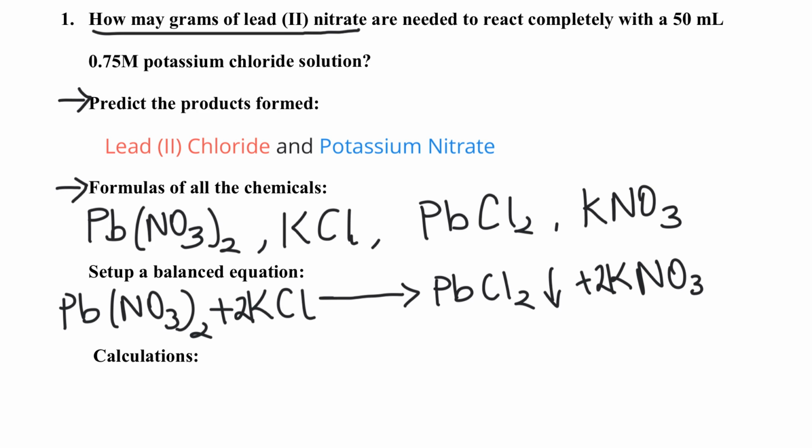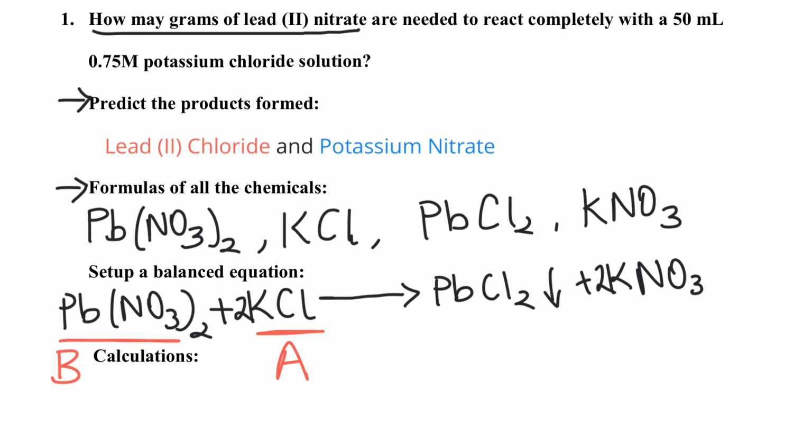What you're really trying to find is grams of B. So let's see how we are going to set up the problem first, and then we'll worry about the numbers. In this question, lead nitrate, which is this chemical right here, is your B chemical, and potassium chloride, which is this chemical right here, is going to be your chemical A.